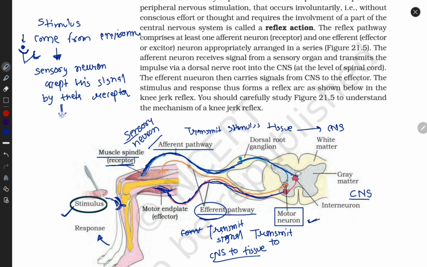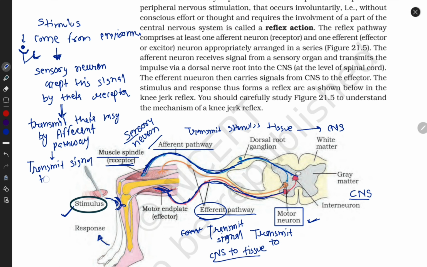The receptor and sensory neuron convey their message by the afferent pathway, and the afferent pathway transmits the signal towards the CNS.